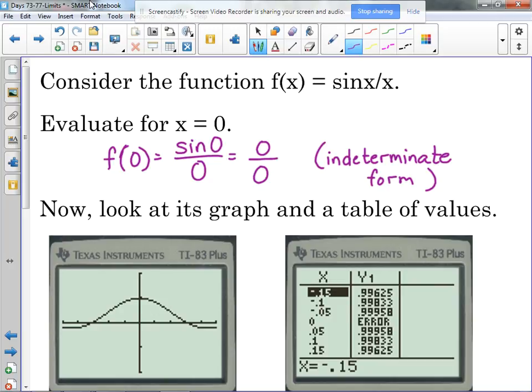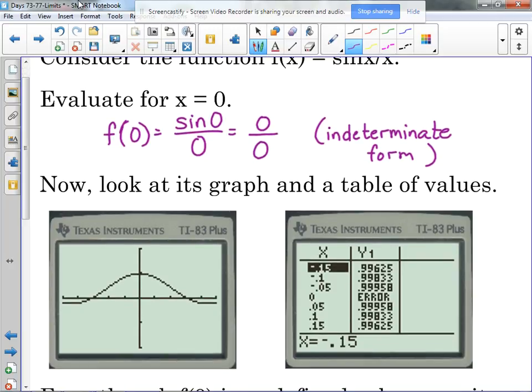So let's look at its graph and its table of values though. So I have a screenshot here of part of the graph of sine of x over x. We're used to this curve behavior with sine of x. The fact that we're dividing by x is why it doesn't have that repeating thing going on that we're used to.